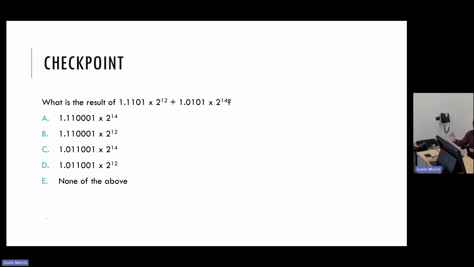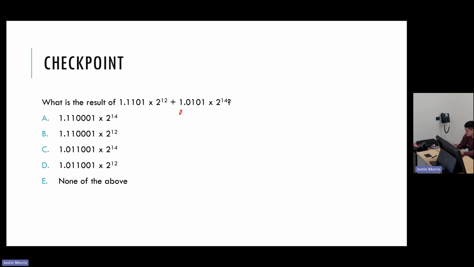I just want to show you that the process is the exact same in binary, right? So we have 1.1101 times 2 to the 12 plus 1.0101 times 2 to the 14. So first step is align them, right? Which one am I going to move? And how far am I going to move it? Which way? 2 spaces.